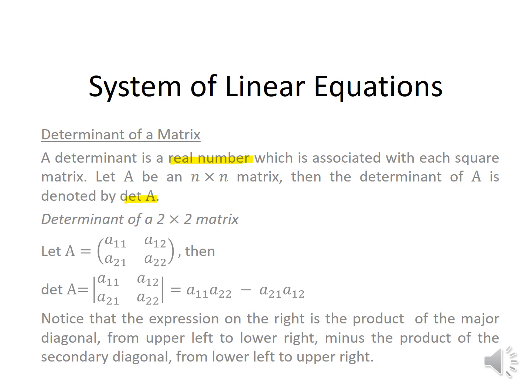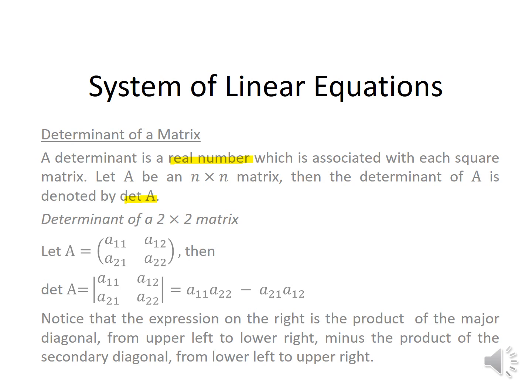Let's say the matrix A is a 2 by 2 matrix. Then, to get the determinant of A, first step, you write the round bracket, and you convert the round bracket into modulus form.